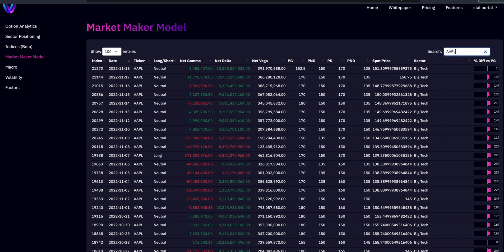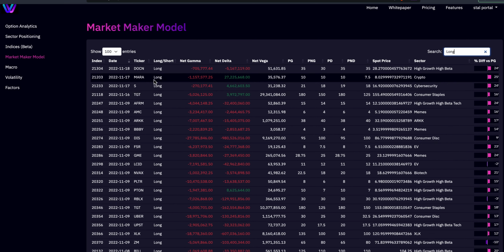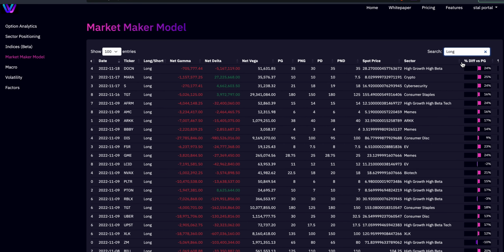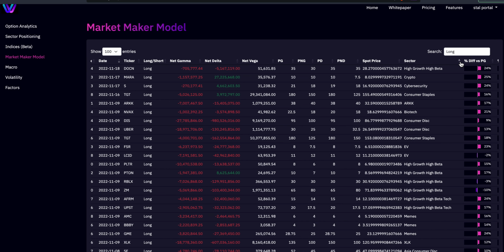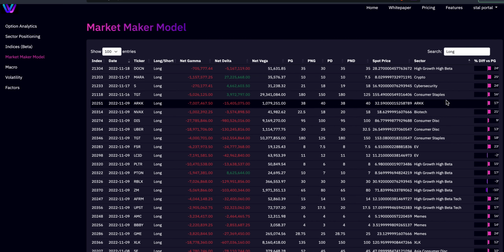You can type an individual ticker, or you can just type in long and see all the most recent longs. You can then sort by date, and if you wanted to sort by a particular sector, you can do that. Just hold shift and then sort, and it will sort by sectors as well.